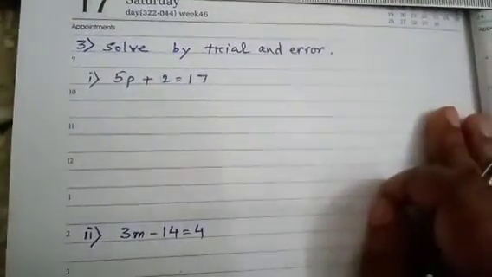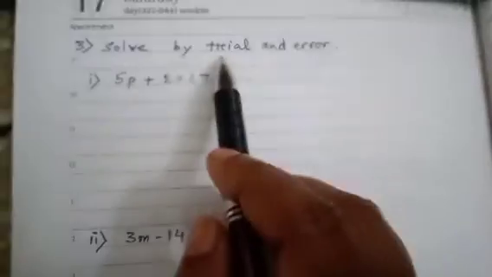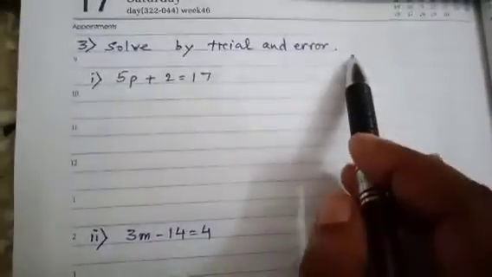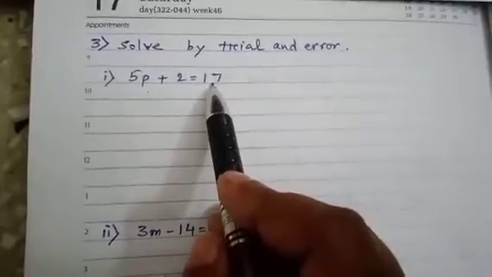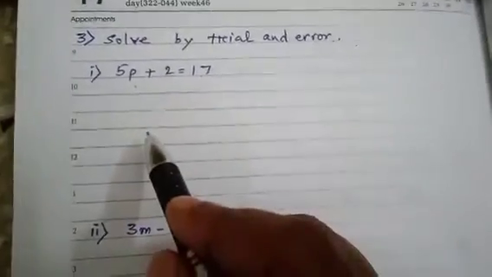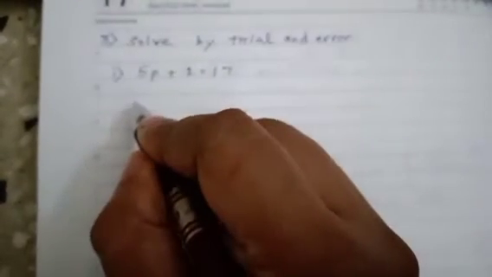Now coming to exercise question number 3 of exercise 4.1. Here I am told to solve by trial and error method. So I will place one value for P and I will see whether I get the answer as 17. So what are the things that I will require? One is the value of P, whatever value I take.